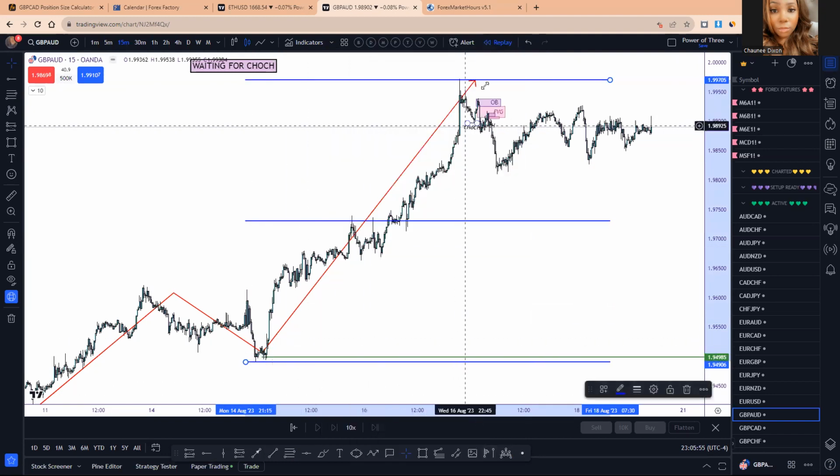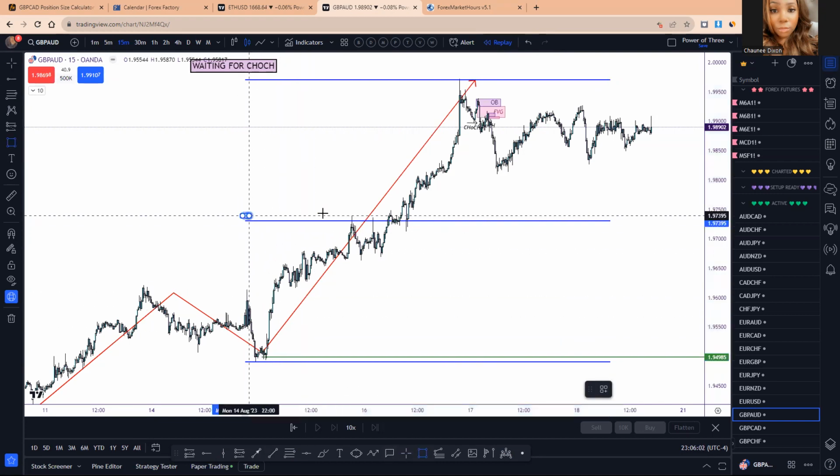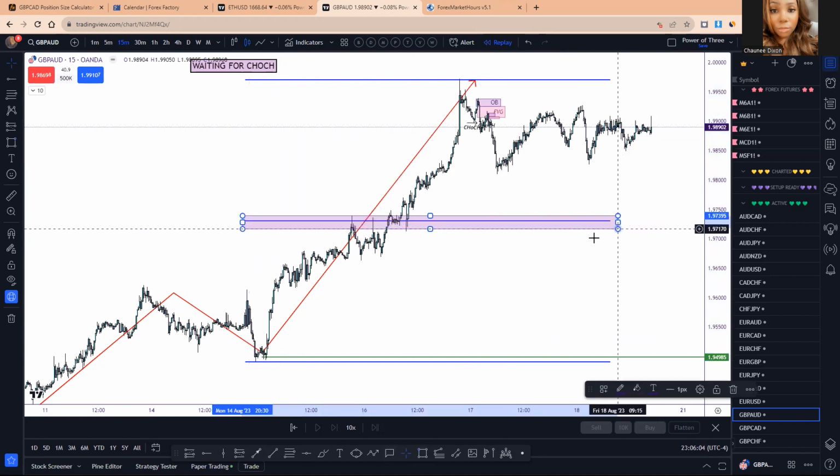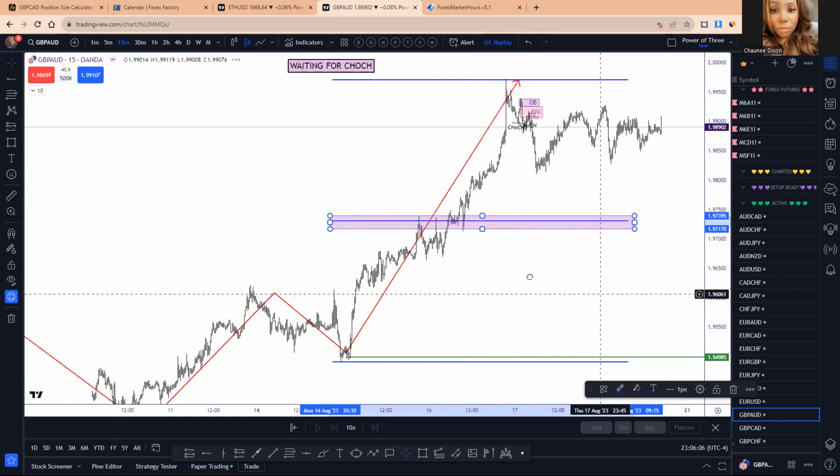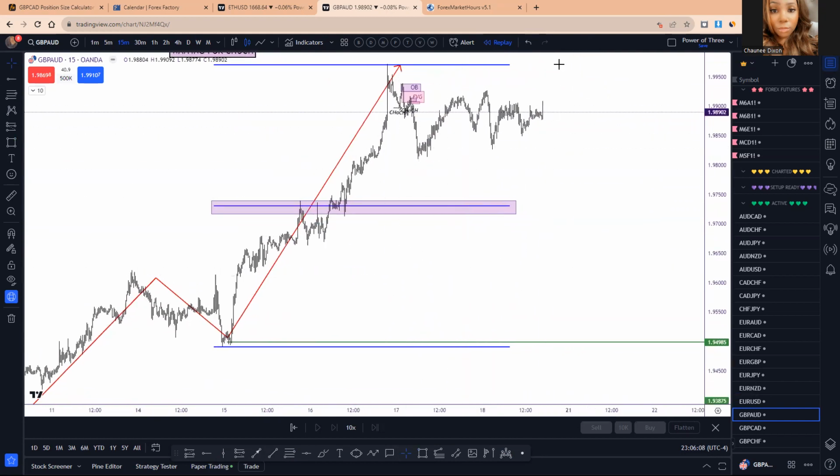This is our swing high on the 4-hour, these blue lines here. This middle line is the 50% portion of that swing. To get in for a buy and take the move back up on the 4-hour, you want to get in for a buy somewhere down here. This is called a discounted zone. You want to buy in a discount, which means buy low, or sell in a premium, which means sell high.